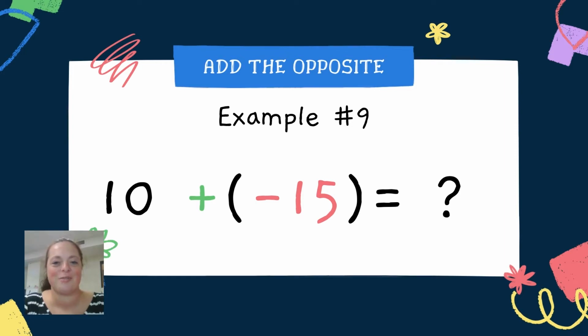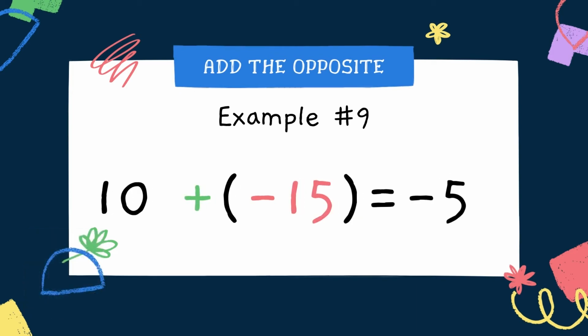So we are actually going to subtract 15 minus 10, and we get 5. Then we use the sign of the bigger number, remember, the one with the bigger absolute value. So in this case, the 15 is bigger with a bigger absolute value. So the negative is going to go to our answer. So the answer is negative 5.